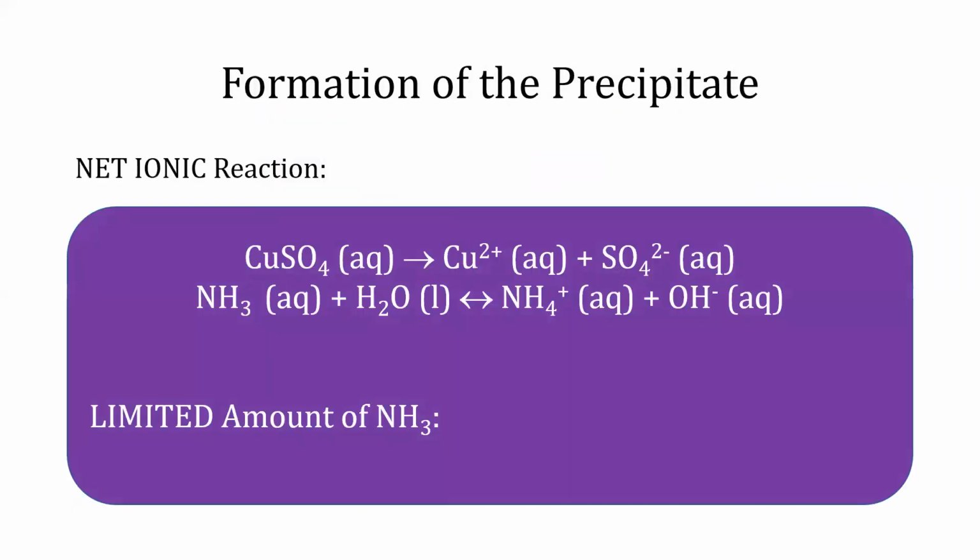To demonstrate that an insoluble compound is soluble in something other than water, we will look at copper 2 sulfate in first limited ammonia. Copper 2 sulfate dissociates to form copper 2 ions and sulfate ions, and ammonia forms some amount of hydroxide ions.